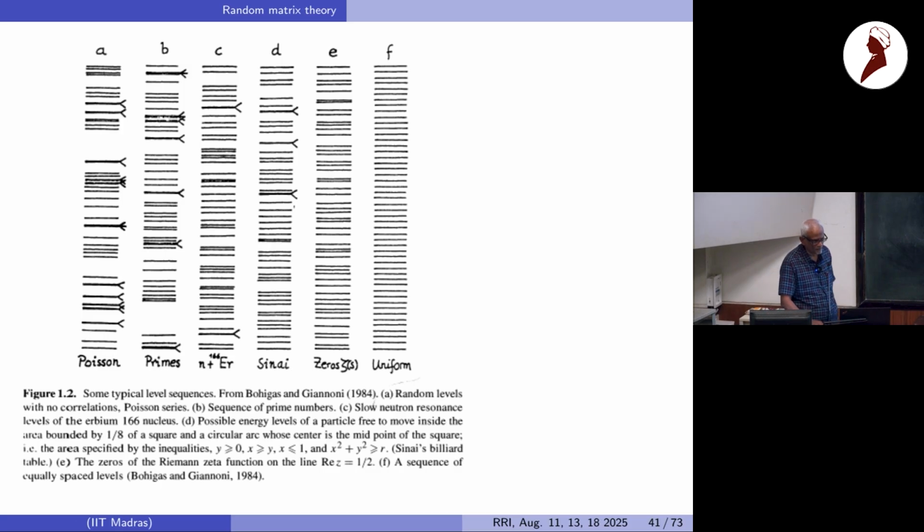So what is being said here is, if you look at a chaotic system with time reversal symmetry, like a Sinai billiard or these nuclei, they look like strongly correlated random numbers in which the levels are repelling each other. They are correlated, because if they were independent, they would look like the first column. They seem to be avoiding each other, and there is more rigidity, but it is not as rigid as the uniform distribution.